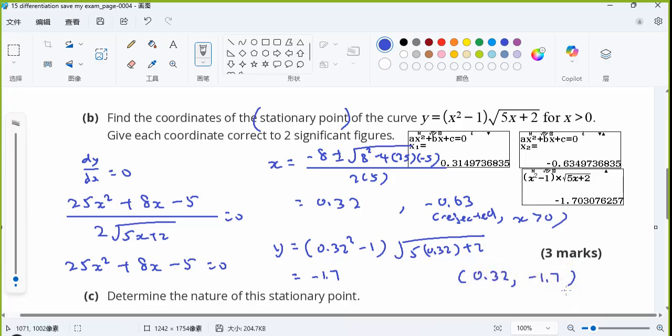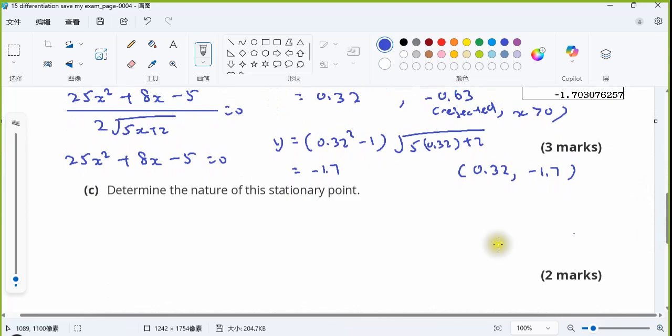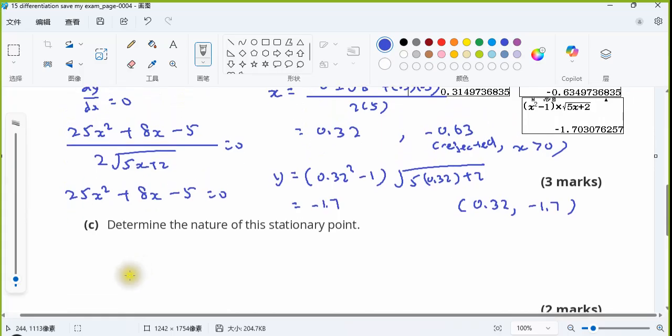And then we need to determine the nature of the stationary point. So this one, if we find the second derivative, will be very difficult. So what we do is we have the value of x is 0.32, so the value of dy dx is 0.